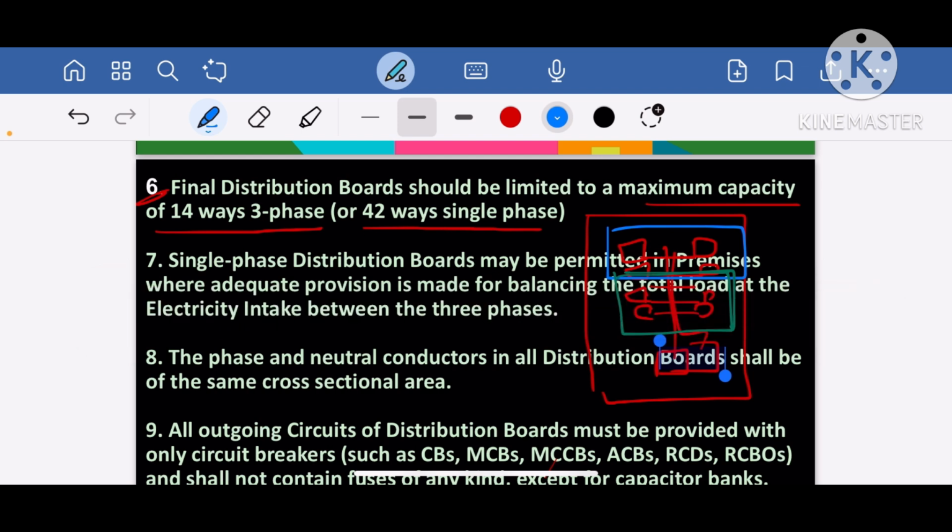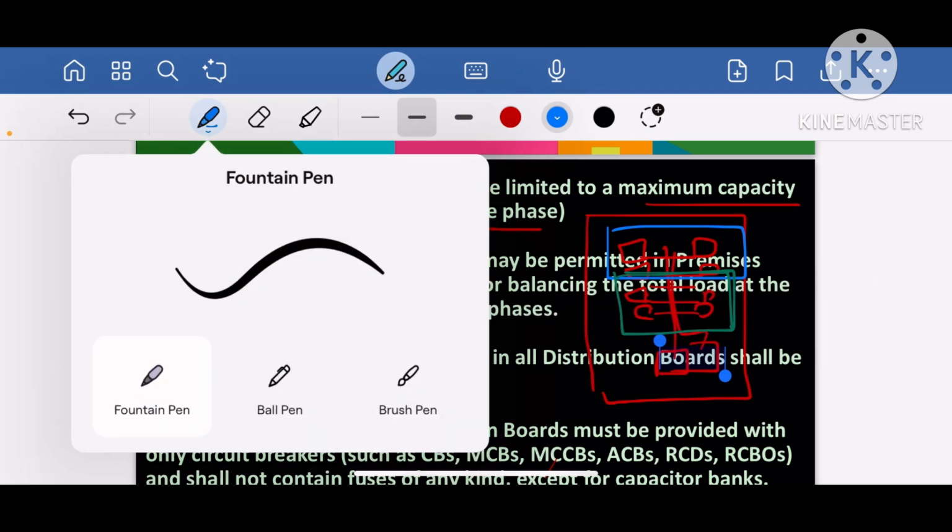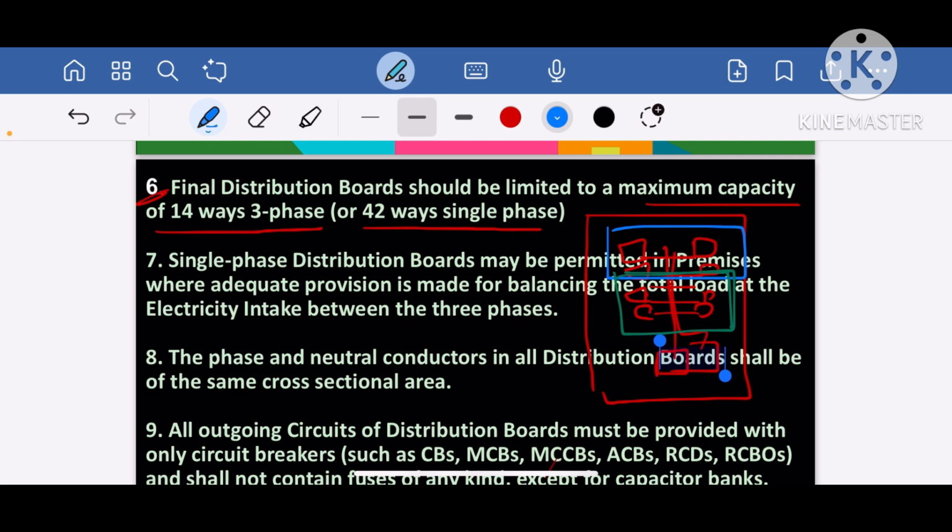Now each section should have a maximum of 42 nos single phase MCB or outgoing. Each section, so this section also will have 42 nos single phase outgoing.